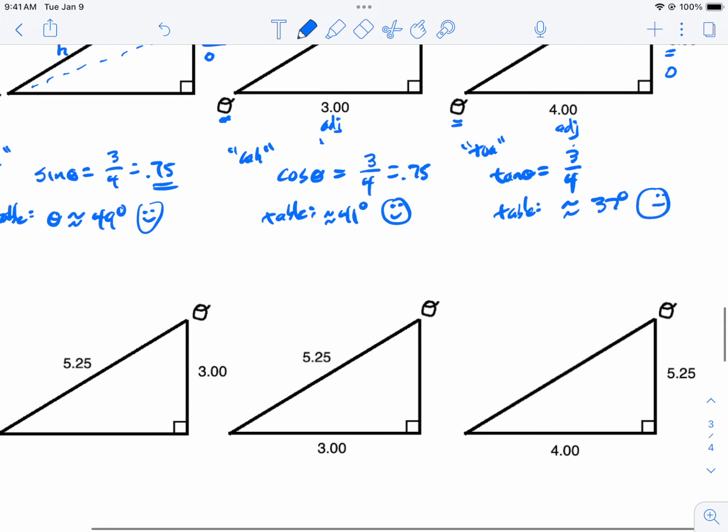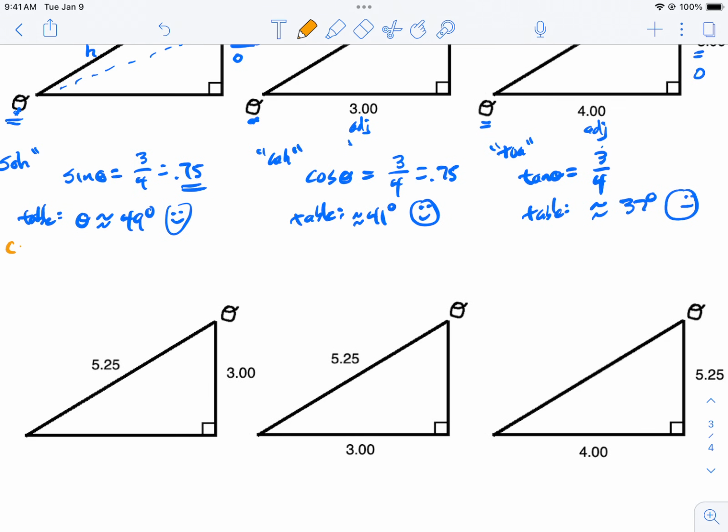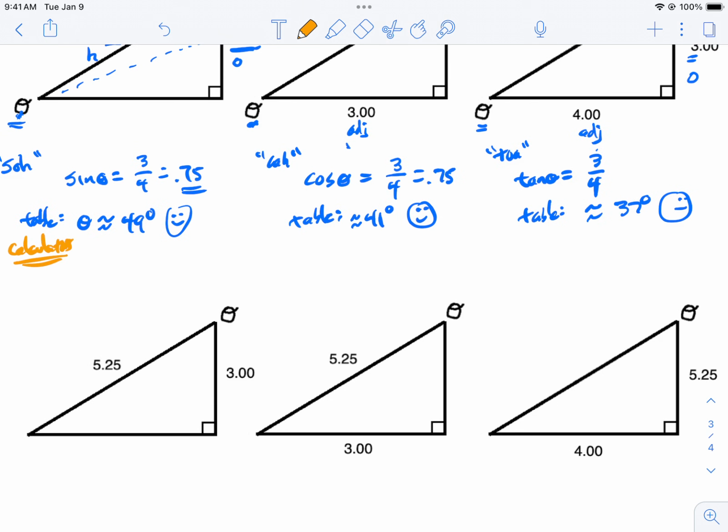Now, let's bring in the calculators. You paid good money for those things, didn't you? Those trig tables, even the nice big ones, have been programmed into your calculator so that you can use a button or two to figure this out. So when you get to this point, how do you solve this on a calculator?